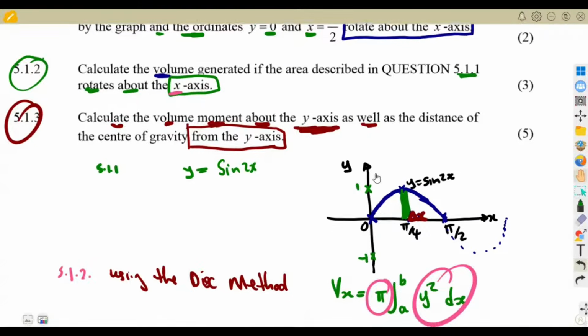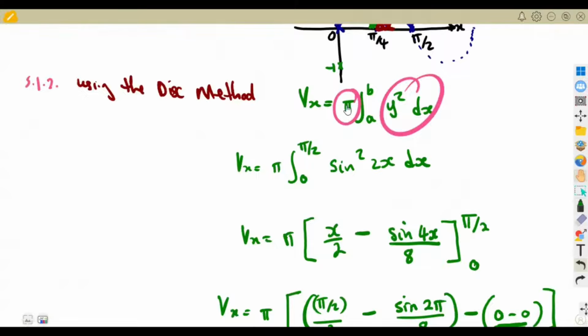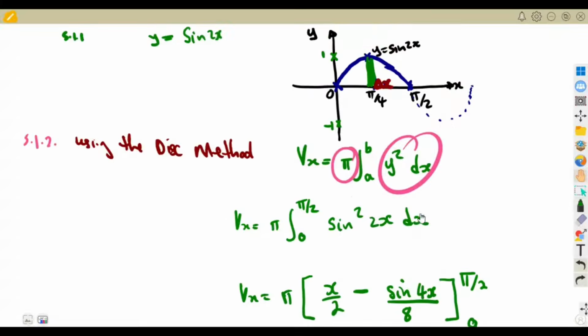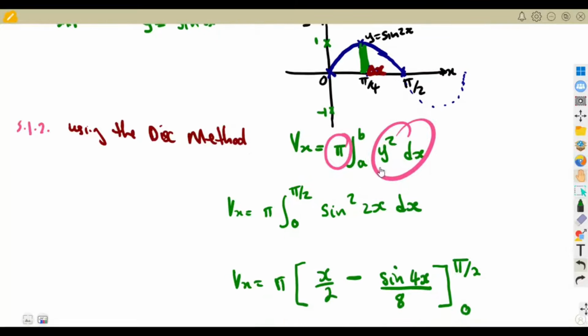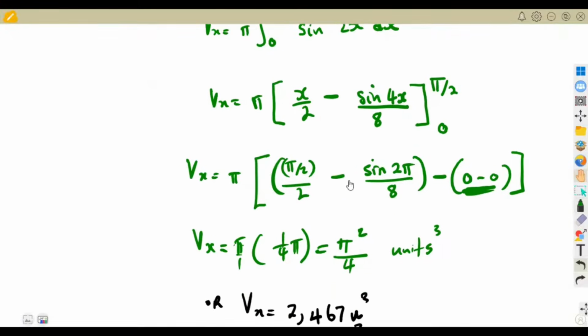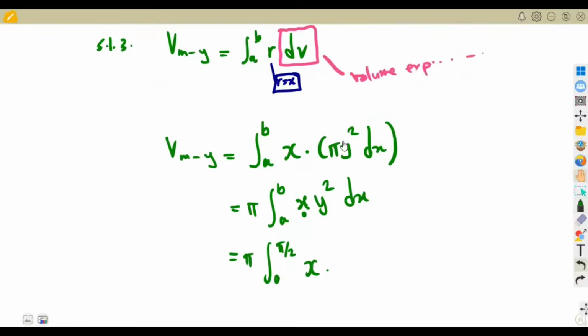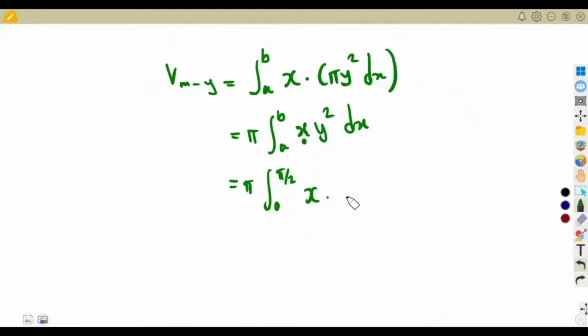That is the condition. So this was our expression for volume, pi y squared. And we took this pi and we said y squared represents what? Sine squared x as it was, because this is our y, which is equal to sine x, and it gave us sine squared x. So that part is not going to change, right? So this part of y squared is still our sine squared.